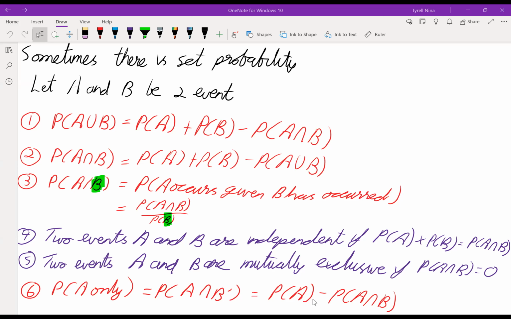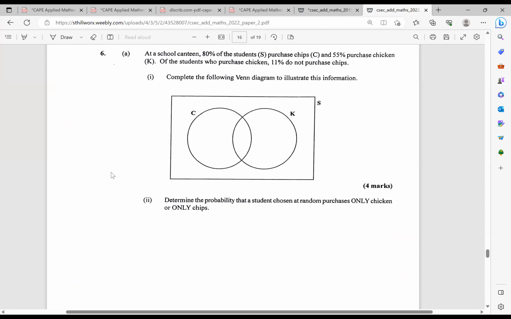So let's look at this here. See if we could come up with it. All right, I'll give you all, actually it's 4 marks, so I'll give you 4 minutes. Let me know in the chat what you get for only chicken or only chips.